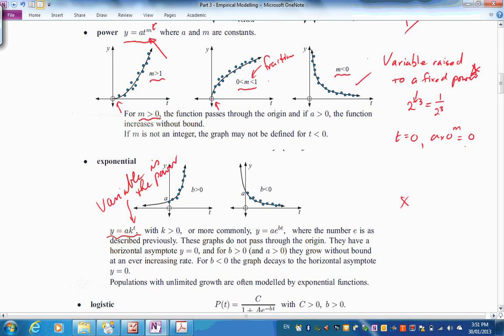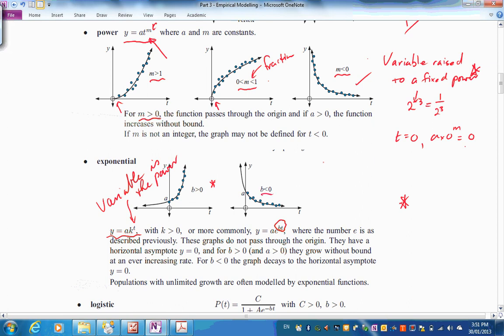Down in this one, the variable sits up in the power. And so we've done a bit of this back in year 11. So here's a characteristic when b is greater than 0. So what does that mean? Well, we put a number in front of the t, the variable there, bt. So if that's a positive power term, it'll be exponential growth.